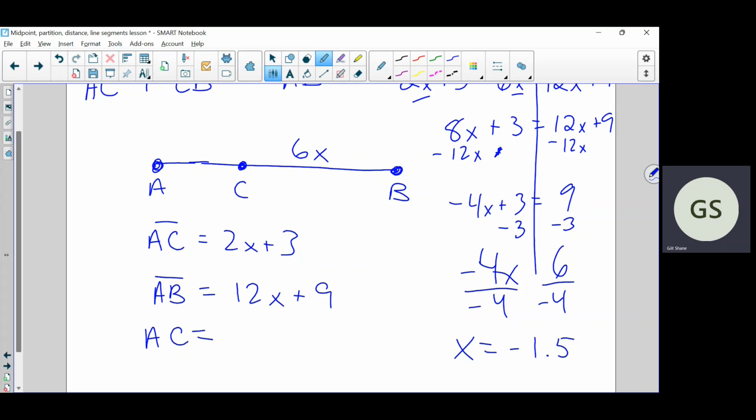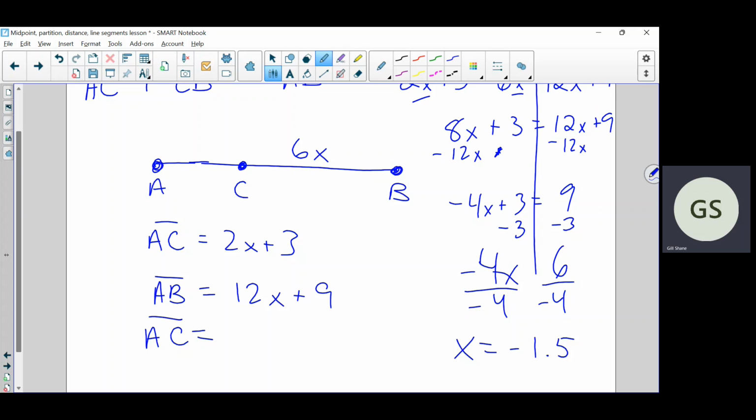So if I get negative 1.5 for x, a lot of people stopped right there. But what did I ask? I didn't say solve for x. That wasn't the question. Just solve for each. Yeah, you've got to then tell me how long is this? How long is that line segment? X is not the length of that line segment. X is only part of the length of that line segment.